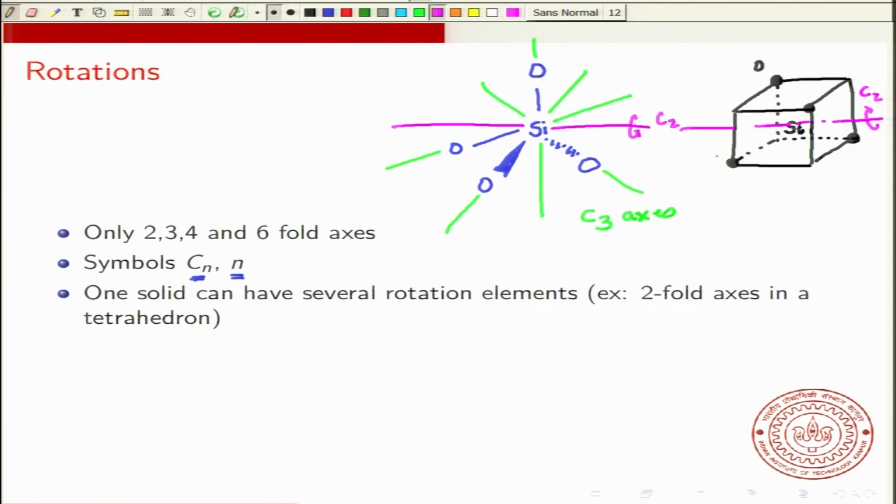What is important is that your tetrahedron has these 4 C3 axes and 2 C2 axes. Later we will see that it is the presence of these symmetry elements that will actually define the type of solid, that is used to classify solids.